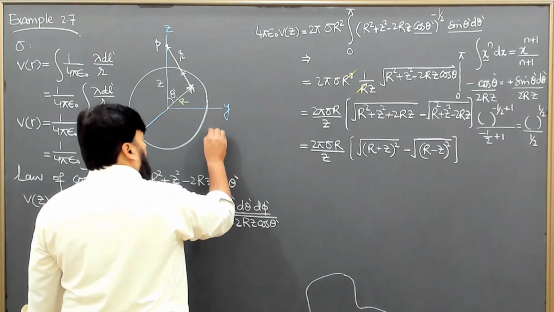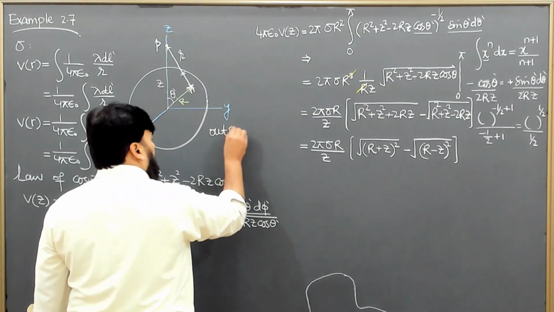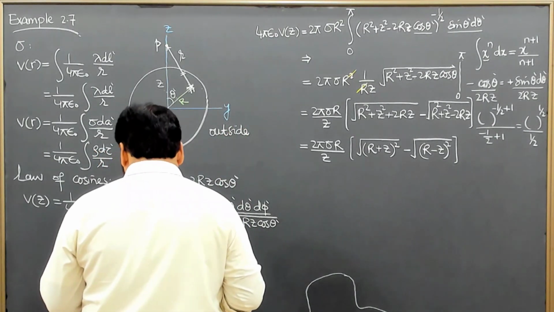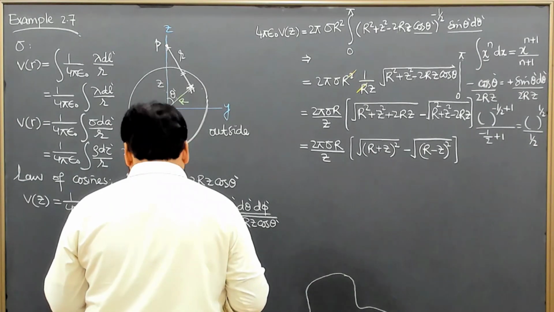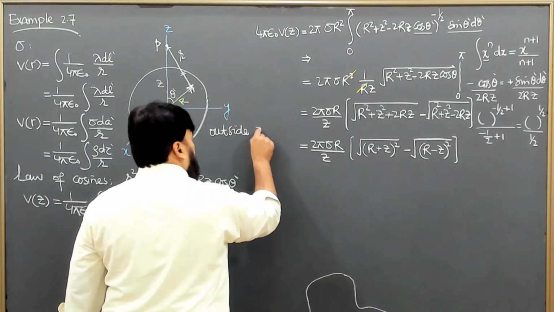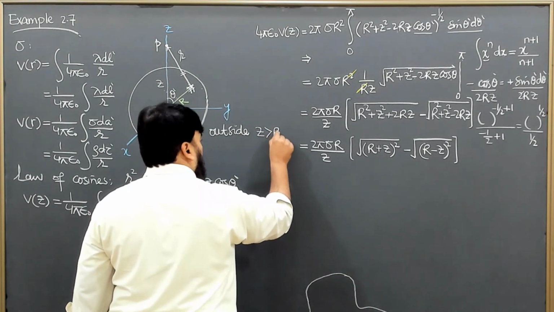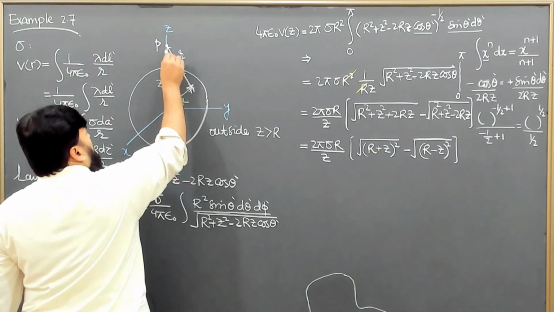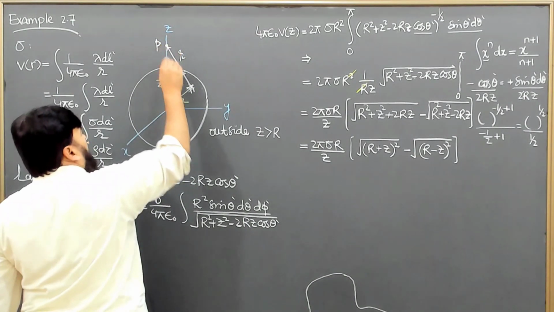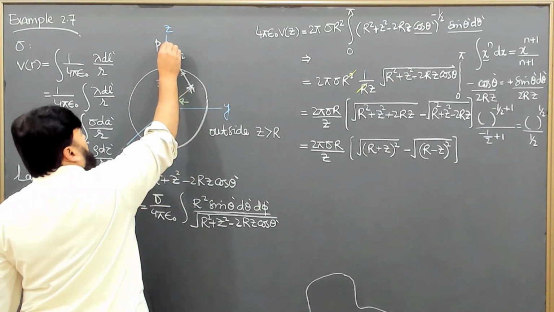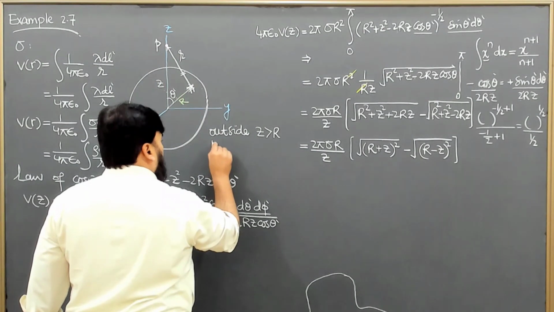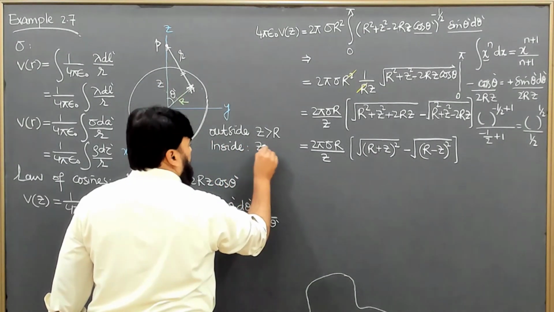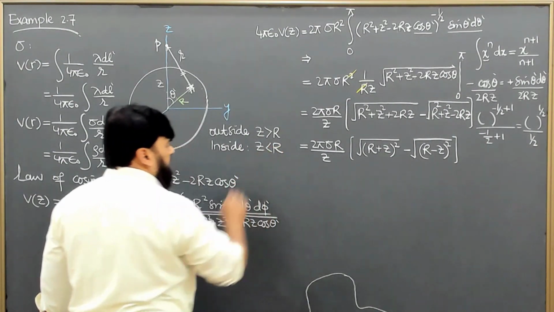So for outside, we know that for outside of the sphere, we will have Z greater than R. Like here, this is the z-axis, Z is supposed to be greater than R, the radius of the sphere, so we will be outside the sphere. And when we are inside the sphere, then Z will be less than R here.